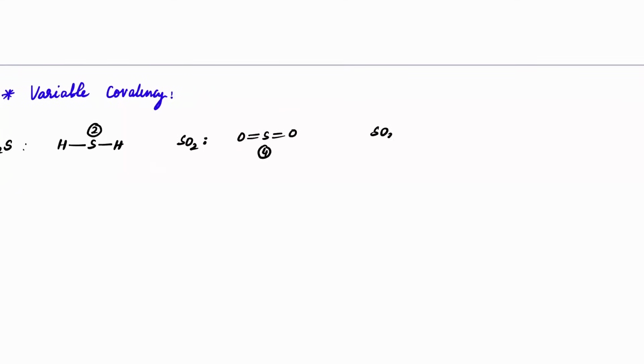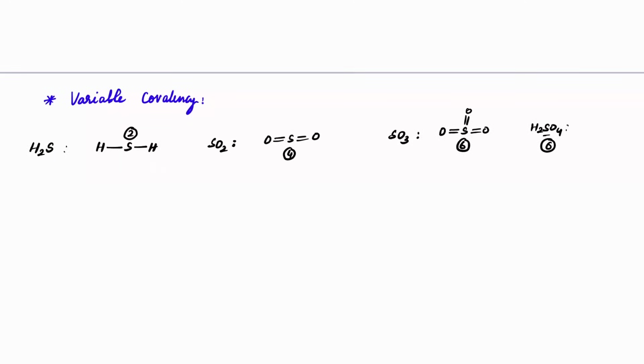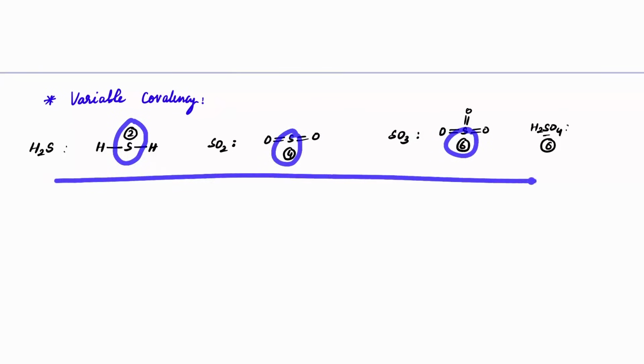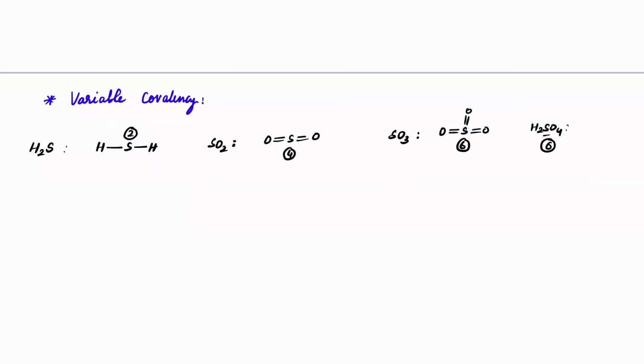In case of SO3, we have O, S, double bond O, double bond O. Now this time it has 6 bonds, correct? If you take H2SO4, again sulfur will show 6 bonds. So have you noticed that the same sulfur is showing 2 bonds, 4 bonds, 6 bonds. So there is a variable covalency observed.